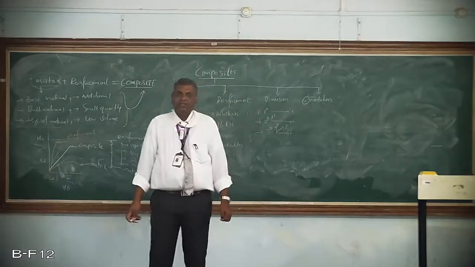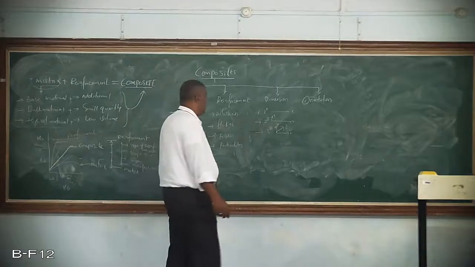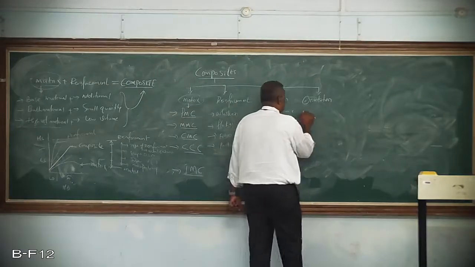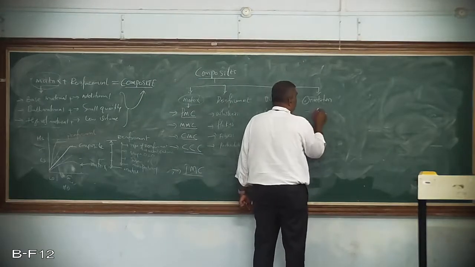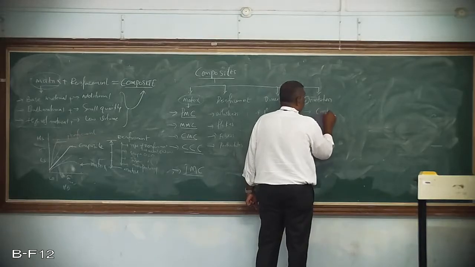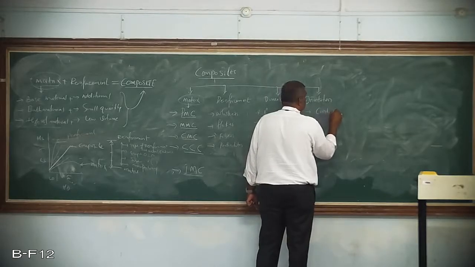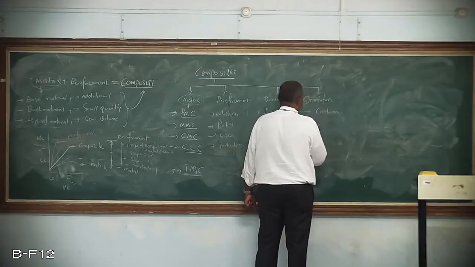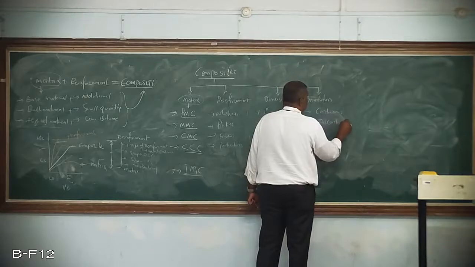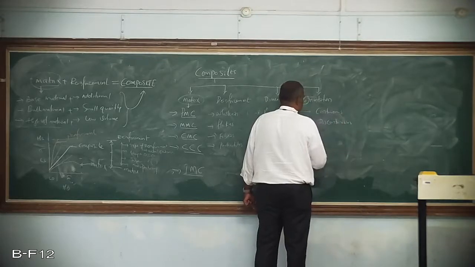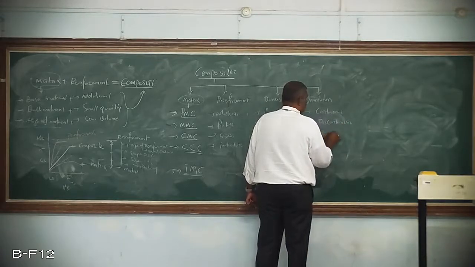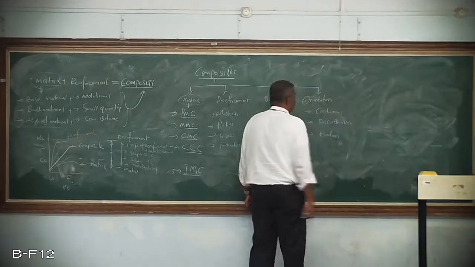Okay. So this is the dimension. Next is orientation. So orientation is continuous, discontinuous and random. Okay.